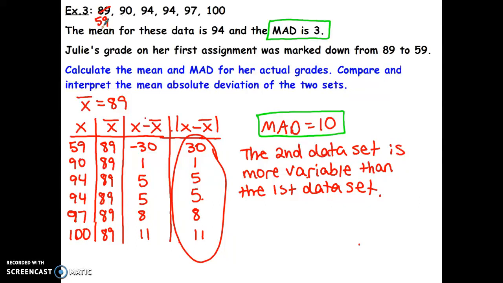And we could possibly call that an outlier. So it makes sense that now, because we've added in that really small number, the data is going to be more spread apart. So we can say that the second data set is more variable than the first data set because of the outlier 59.